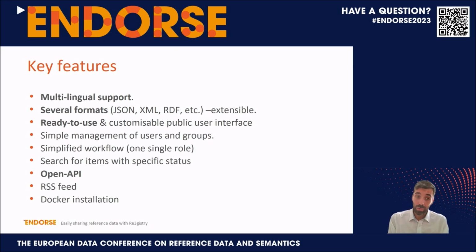It is ready to use, and as has been mentioned before, there is a web application on one side, which is the front of the tool, and then there is an admin page. The web application can be easily customizable, so you can add the logos, the typography that your organization uses, and change completely the style of the registry.